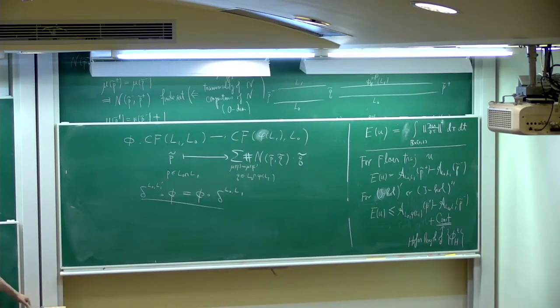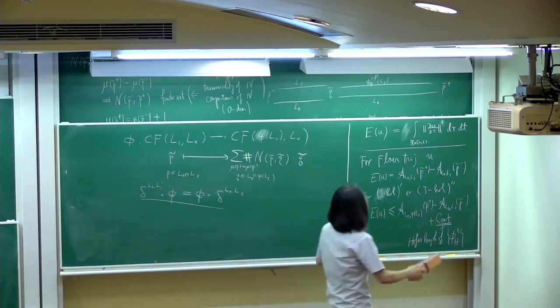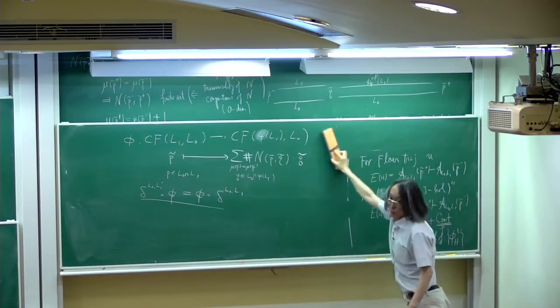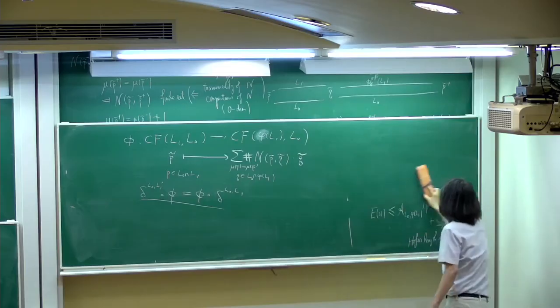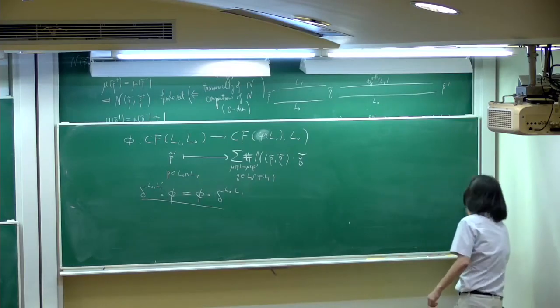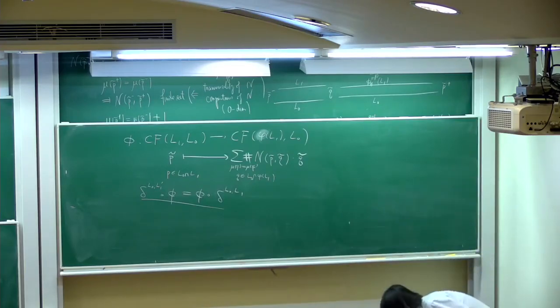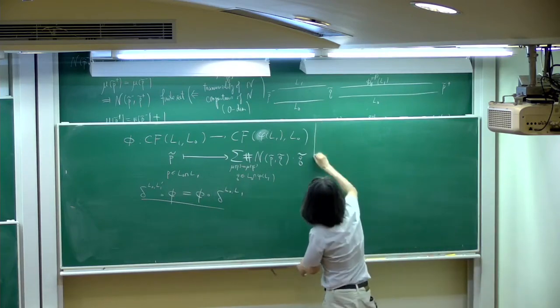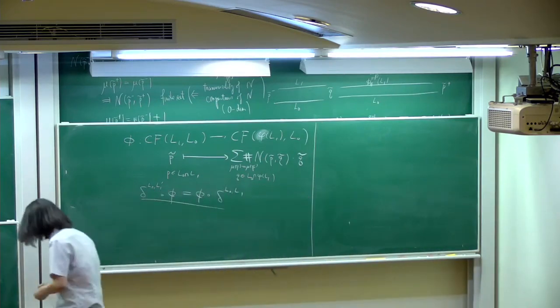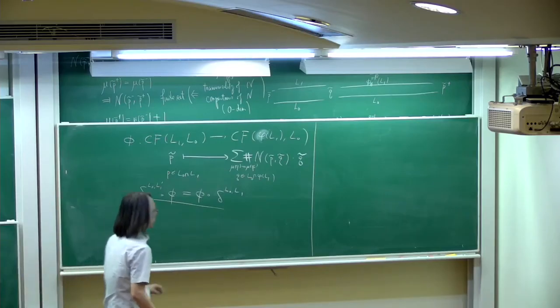And now we want to show that this one is actually a chain homotopy equivalence. But how can we see this? For that purpose, we need to check two things. One is the following.